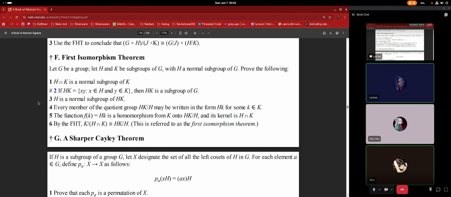Yeah, because here's the thing. H is a subgroup of G, and K is also one of those. And we only know that H is normal, but it's normal with respect to G. So how can we say that the intersection is normal with respect to K? Well, intuitively, because we know H is normal, and H, K, and G all have the same algebraic structure, because H and K are subgroups of G, so they use the same operator, right?